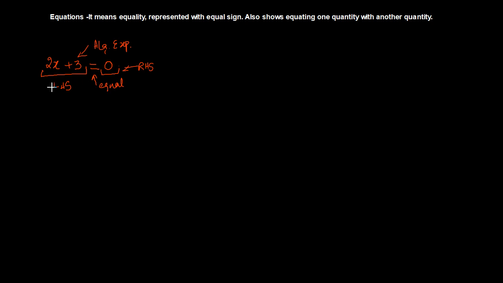So what does it mean? It says the value of the left hand side equals this value, which is 0, when we assign a certain value or number to the variable x. There is some value that exists such that by putting that value for the variable x, LHS is going to become RHS.